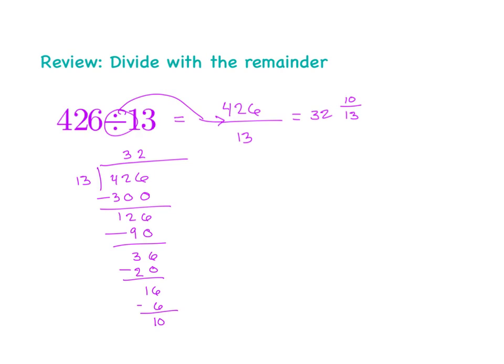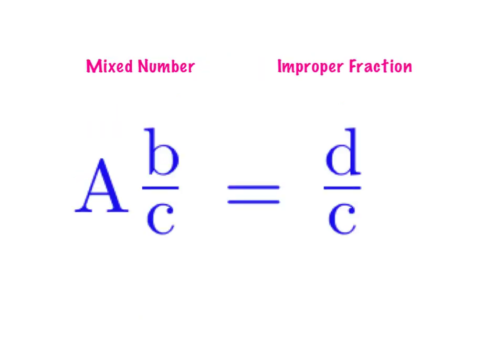All right, any questions on that? No. Okay, because now we're going to connect this. A mixed number looks just like what we found. So we had 32 and 10/13ths. That is in the form of A and B over C, where A is the whole number.